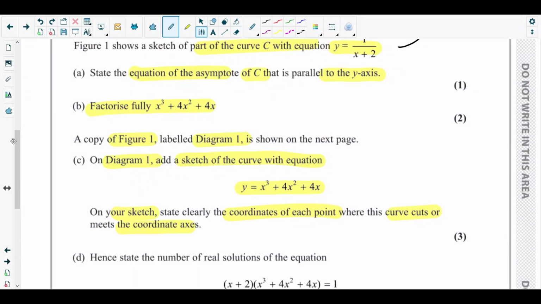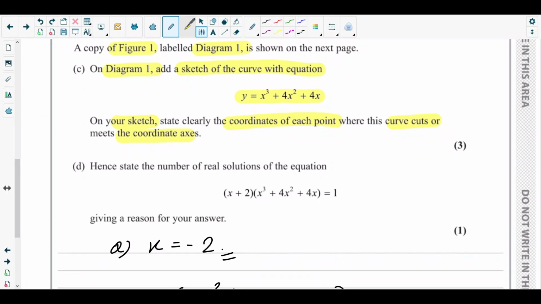Okay, next is part D. In part D, the question says, hence state the number of real solutions of the equation (x plus 2) times (x cubed plus 4x squared plus 4x) equals 1.